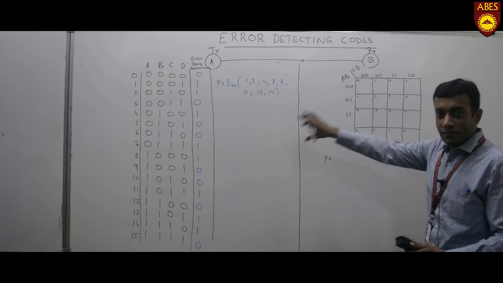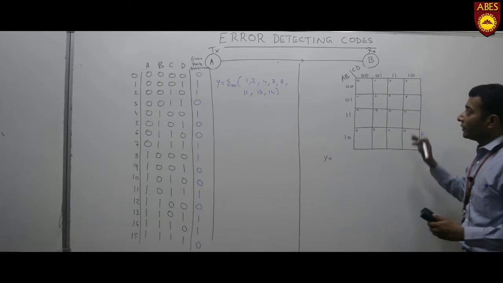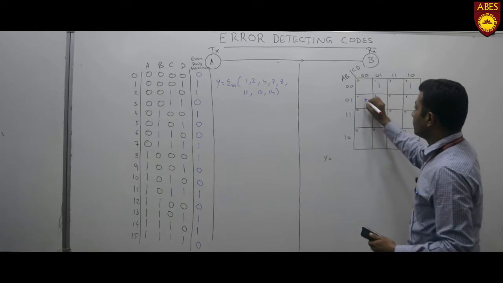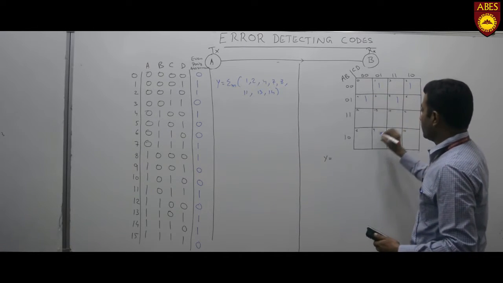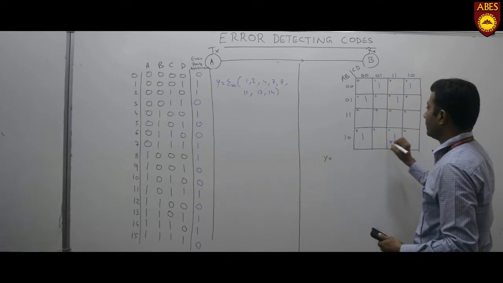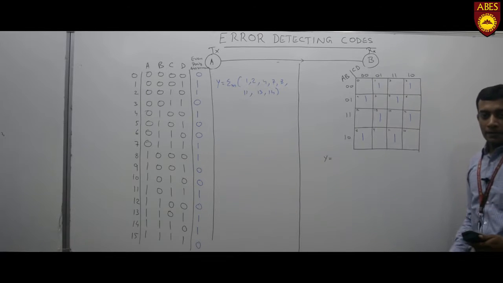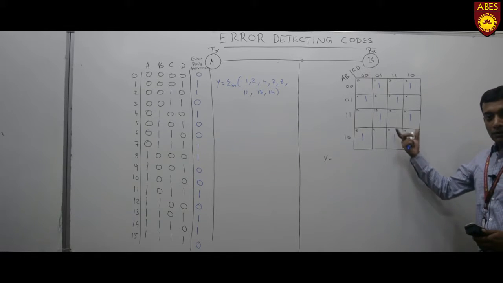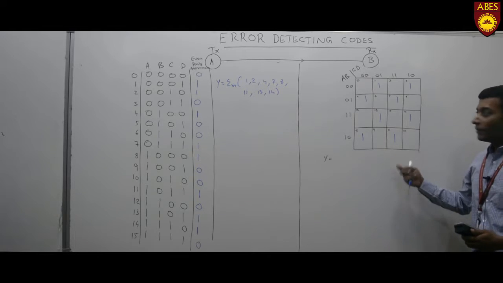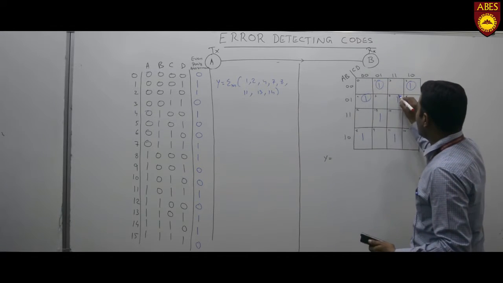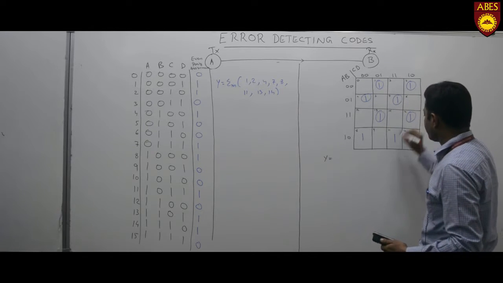So these minterms are put on this K-map for solving. Now, there is no combination that can be made, so we have to take all of them as singlets.